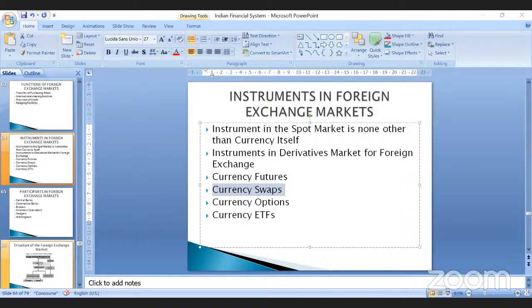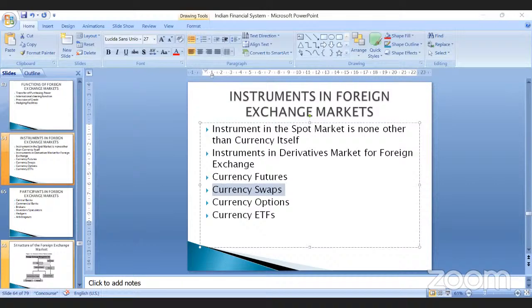Currency swaps are also over the counter derivatives. That is, they can happen only over the counter, not on the exchanges, and they are related to interest rate swaps.